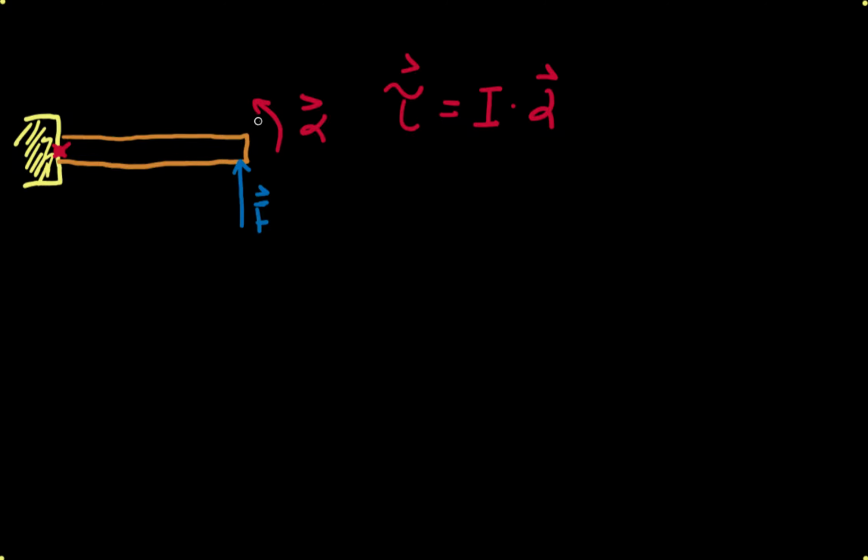Now imagine that you take the same force here and you apply it closer to the hinge. Right there. Now, what do you think is going to happen? Is this door going to open like it did here, or will it open slightly at a slower rate?